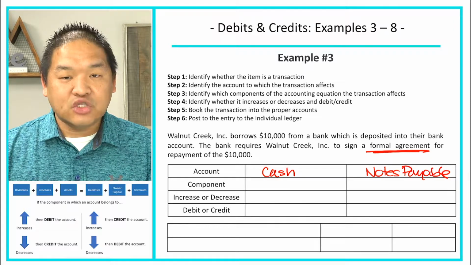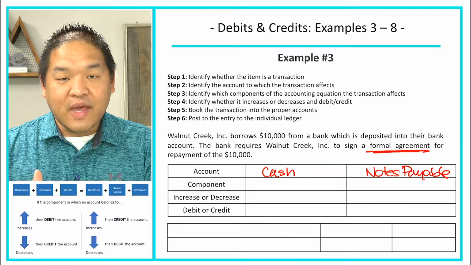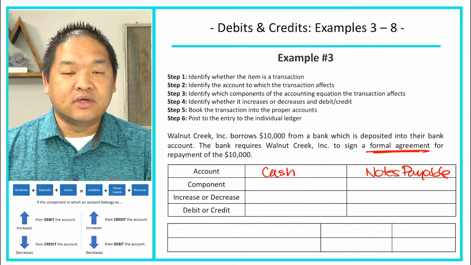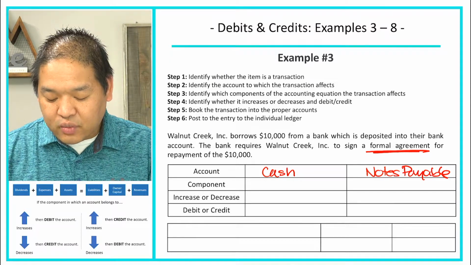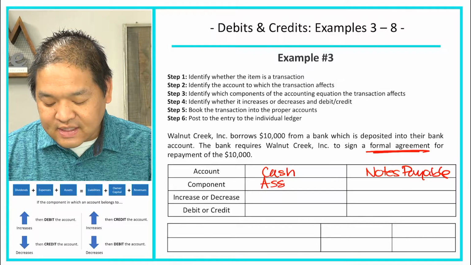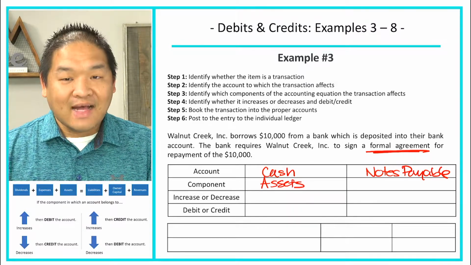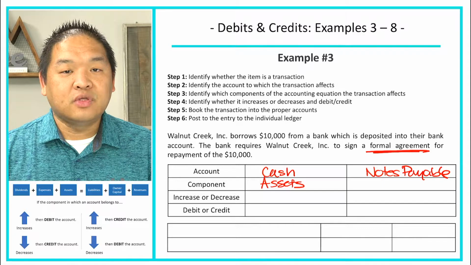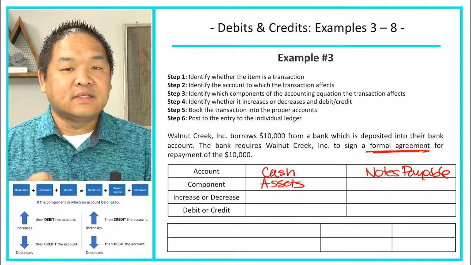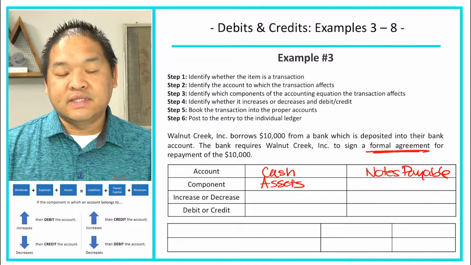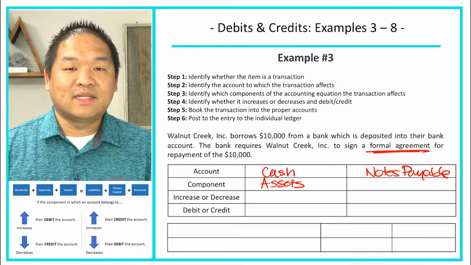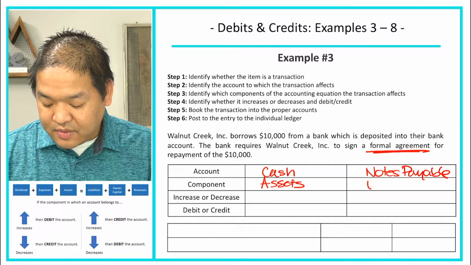So cash, we know, is a future benefit that can be used to yield better benefits in the future for the company. So we are going to call that an asset. So cash is always an asset. What about our notes payable? So notes payable is something that we owe. We owe that to someone else. Therefore, of the 6 components, that's going to be a liability. So liability there.